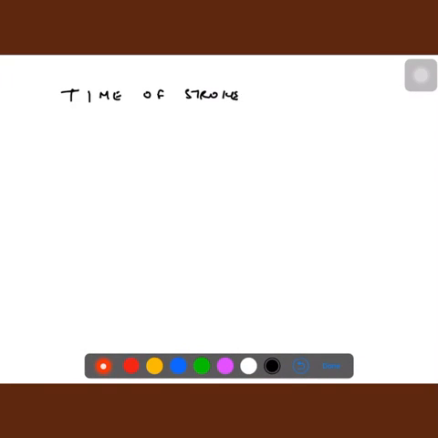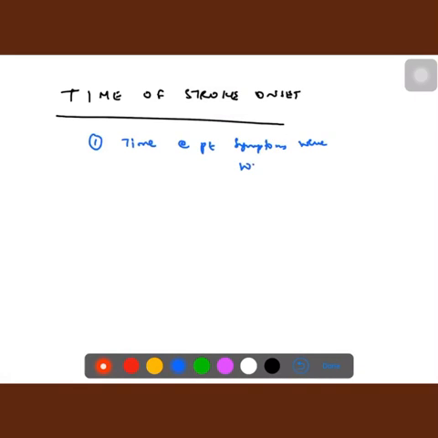Another important concept is the time of stroke, because for thrombolysis we have to know the time of stroke onset. First, the time at which the patient's symptoms were witnessed to begin. Second, the time at which the patient was last seen normal.